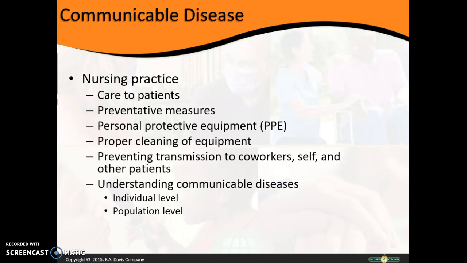First, how are you as a nurse handling a communicable disease or the prevention of it, helping ensure that diseases are not transmitted at the individual level. But then from a population health and a public health standpoint, you're concerned with globally how diseases in general are controlled in terms of communication from one population to another.